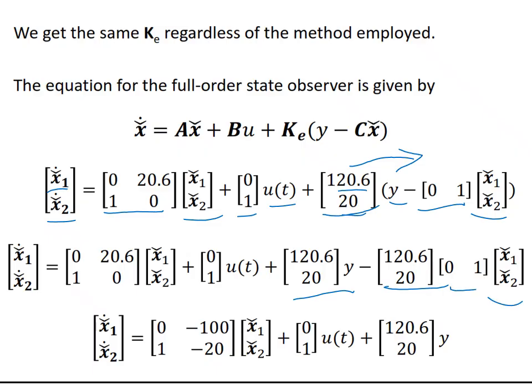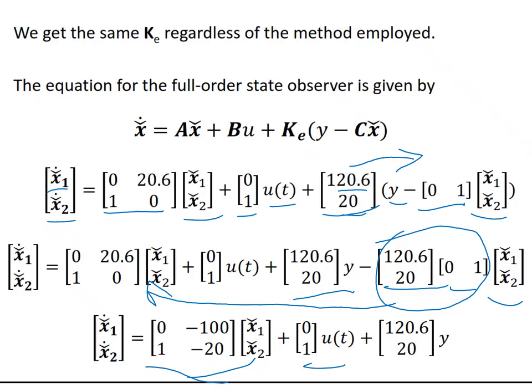Then we multiply these two and collect the values multiplied by x1 hat, x2 hat by the first matrix to get the complete A matrix, which equals 0, negative 100, 1, negative 20, times x1 hat, x2 hat, plus 0, 1 times u plus 120.6 and 20 times y.